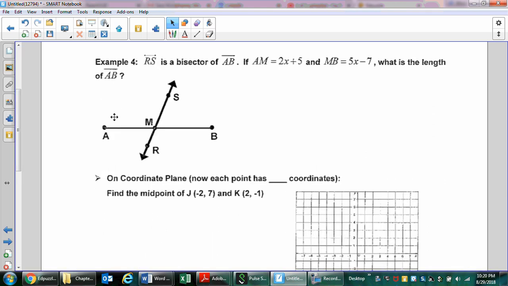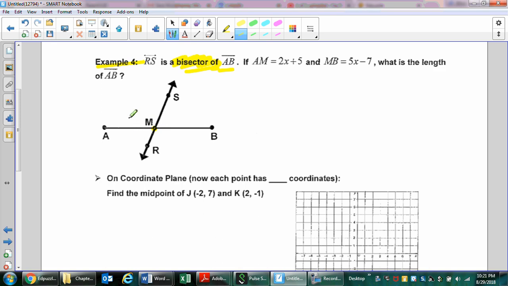All right, so example 4, and this is what we're going to do. It says RS, so this is a perfect example. AB is a line segment, RS is a line bisecting it in half. So RS bisects AB, so since I know the word bisect here, I know M is the midpoint.